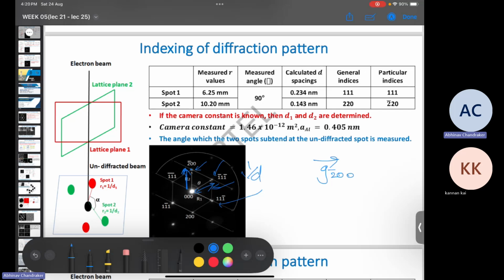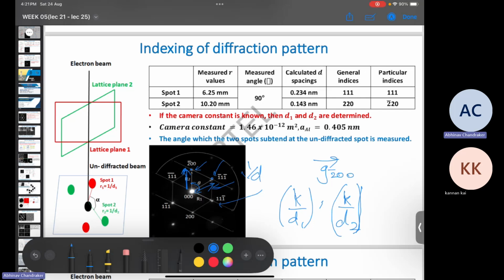So for example, you have two spots. By looking at the distances, you know the values 1 by d1 and 1 by d2, let's say. So some constant, that is camera constant by d1 and camera constant by d2, you know these. Then we also know the angle theta, and we know that the diffraction vector is parallel to the normal of the plane.